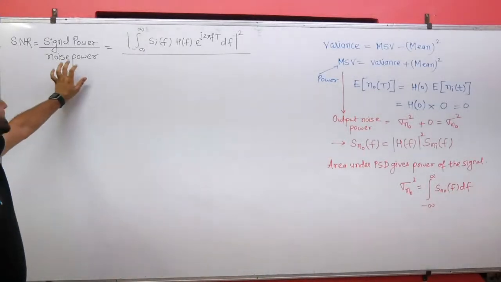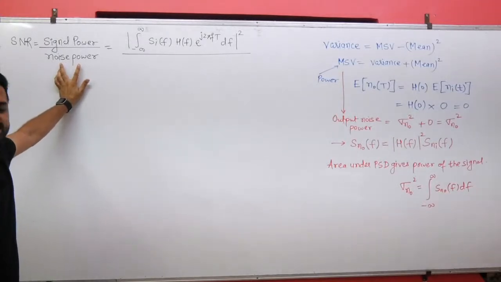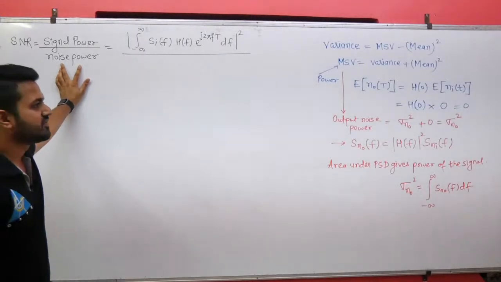So we are discussing the noise power. First of all, we discussed that noise power is denoted by sigma n naught square. Why?